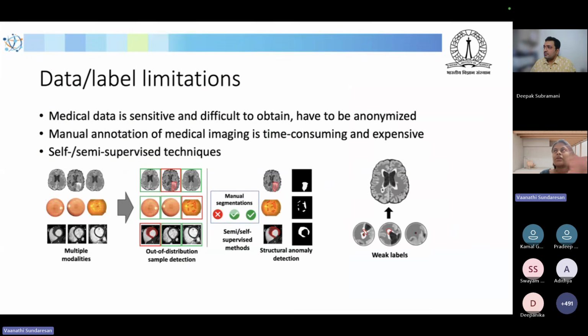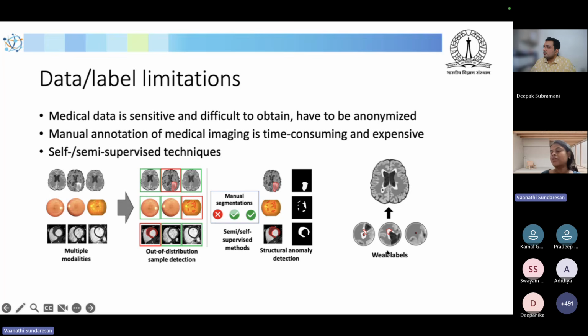So when I talk about biomarker extraction, there could be data limitations and label limitations. It's particularly predominant in medical imaging because the data we acquire might not be large all the time. So how can we overcome multiple modalities and the lack of manual annotation? Self-supervised methods, weak labels also.